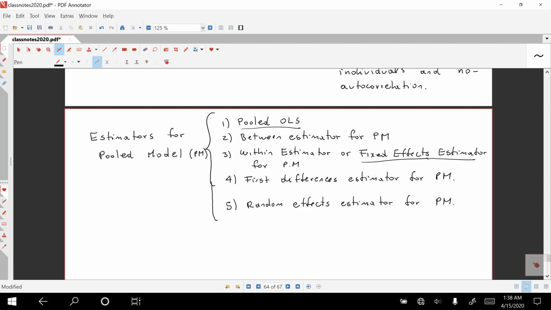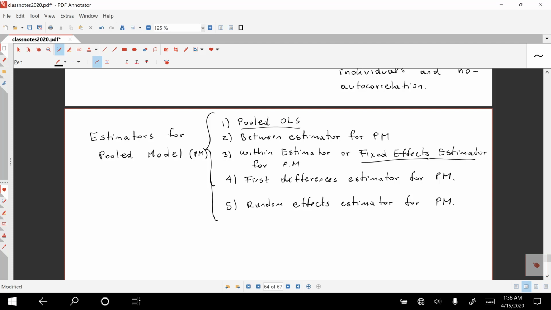The random effects estimator is a generalized least squares estimator, and the other issue would be how we can potentially account for heteroscedasticity and autocorrelation, and for that you will see how we can use some form of heteroscedasticity and autocorrelation consistent covariance matrices.